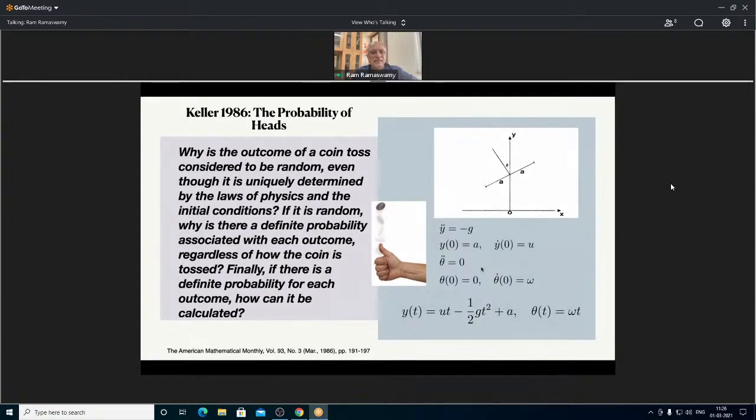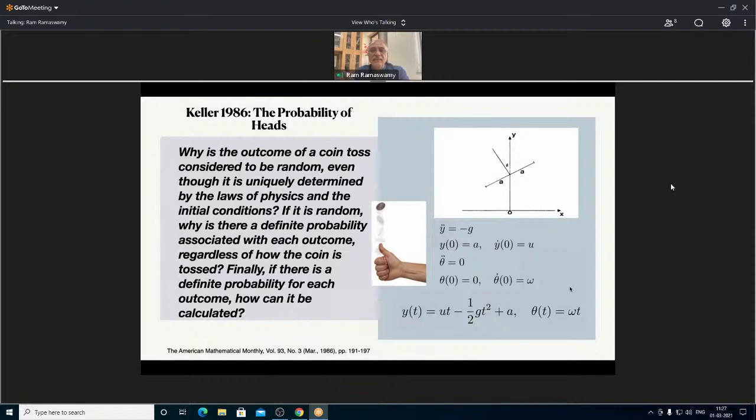If you take a disk of a certain diameter and a certain mass, and you send it with a velocity u upwards, gravity is acting in the downward direction. Give it an initial angular momentum, right? And once you do that, on the right-hand side of the screen, you should be able to see some very simple equations which were written down essentially by Newton or Galileo or someone like that, which tells you that the coin is going to have its height.